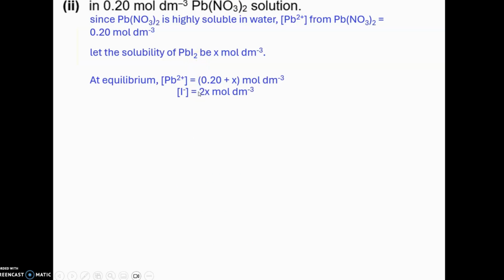For iodide ions, it will just be 2x because there are no other sources that contribute to the iodide ions. We can substitute these into the Ksp expression.